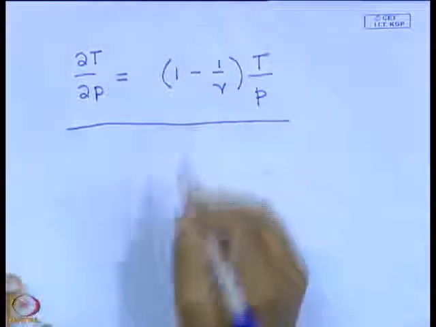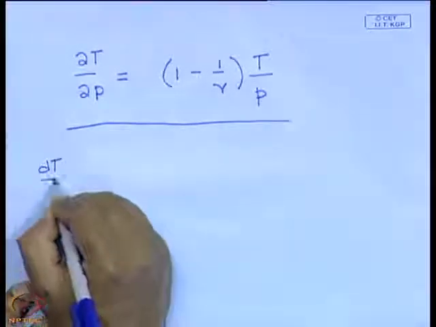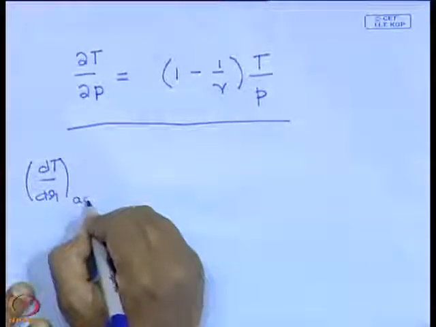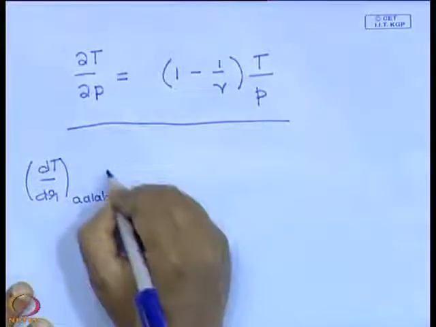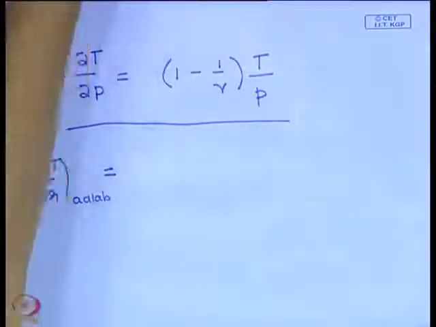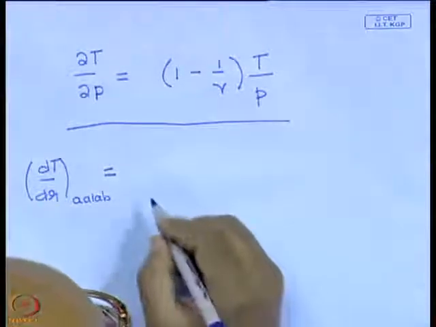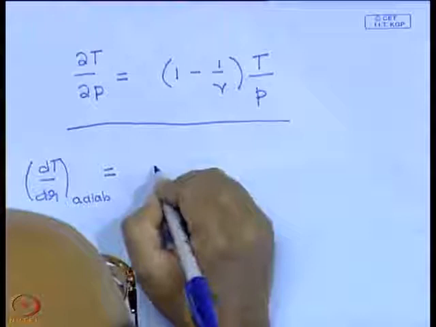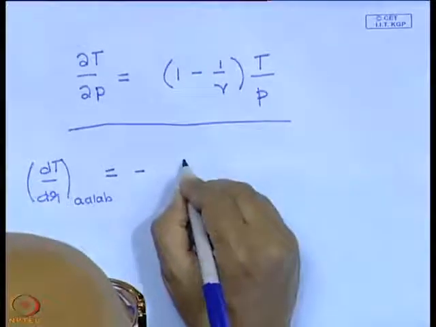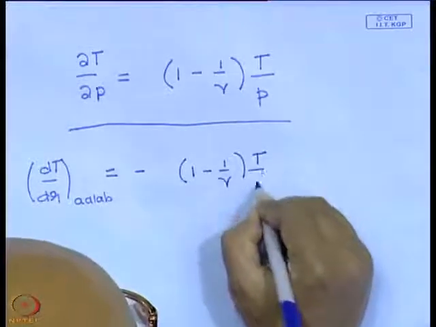And we use this to calculate the adiabatic temperature gradient dT dr. So this is now equal to, we have 1 minus 1 by gamma T by P.